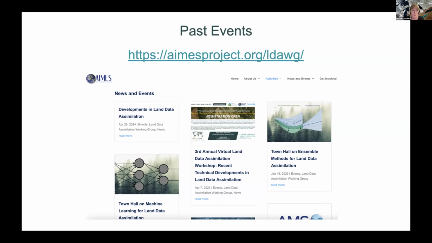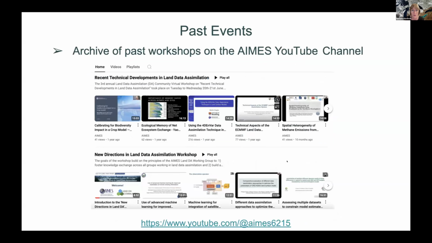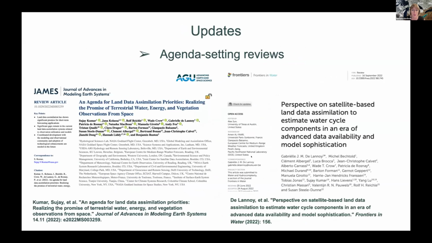We're trying to broaden the participation out beyond just these events so people can have an archive of that information. You can also look at all the past workshop recordings on the AIMS YouTube channel. Links, I think, are being posted in the chat as we go. And I'll mention this in a minute, but we have an open GitHub forum for discussions, and links will be posted there too.